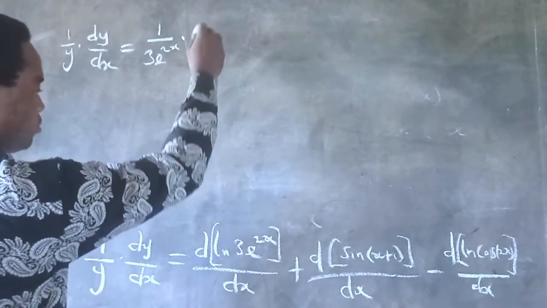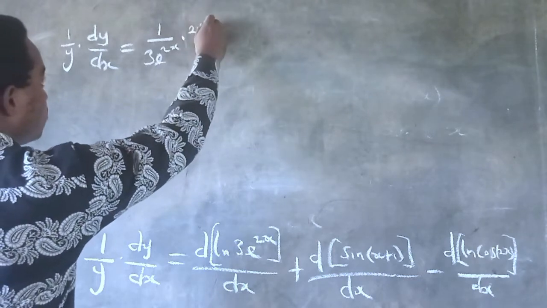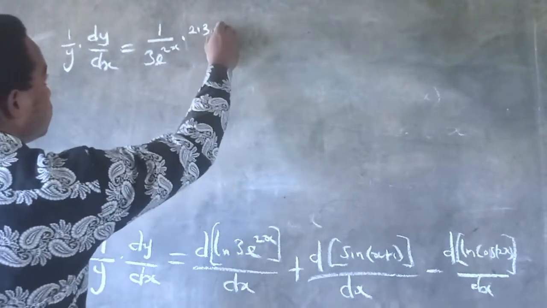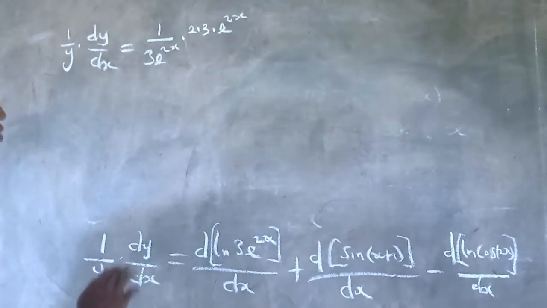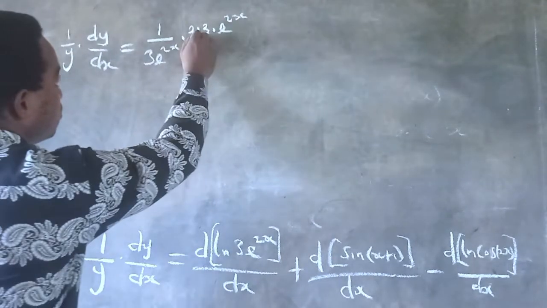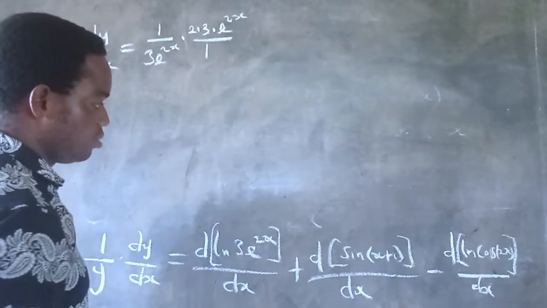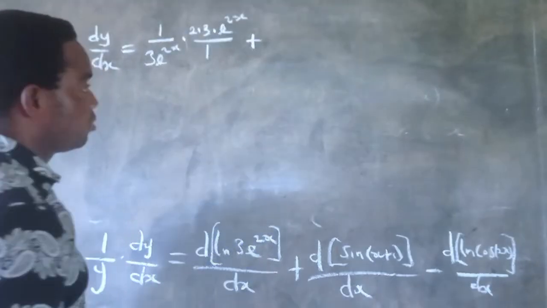So here we have 3e to the 2x. So that's a kind of chain rule problem inside a chain rule problem. So you have 2 times 3e raised to power 2x, all over 3e raised to power 2x. Let us put all over 1, so what we are doing will be clear.